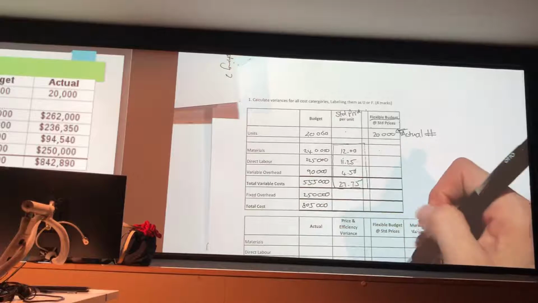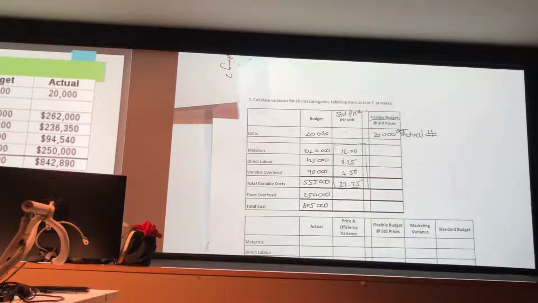So for us, there's no difference, but obviously if your actual units and your budgeted units had been different, it would be different. Anybody unclear about that particular statement? There's not much to do in this particular step, it's just being aware that if your budget numbers and your actual numbers are different units, you would need to do this step.